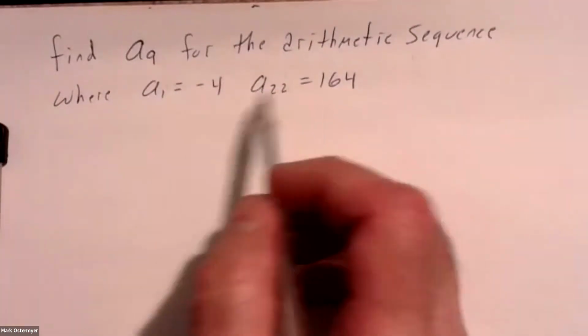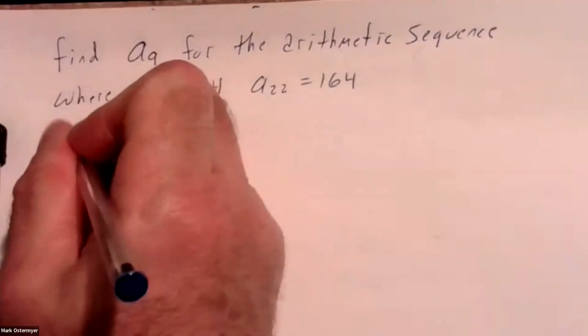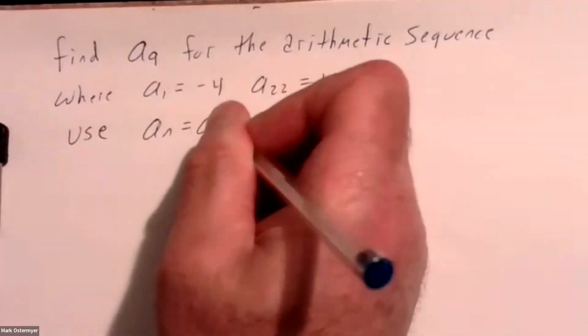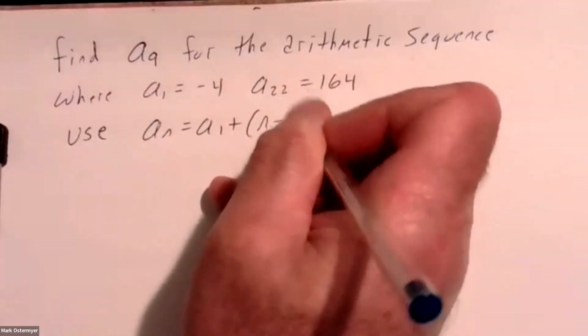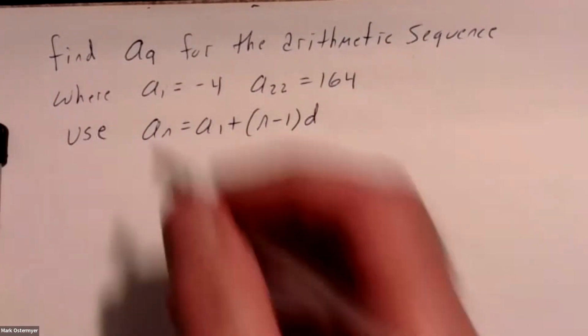All right, what we don't know is the common difference. To find it, we can use our nth rule we developed for an arithmetic sequence.